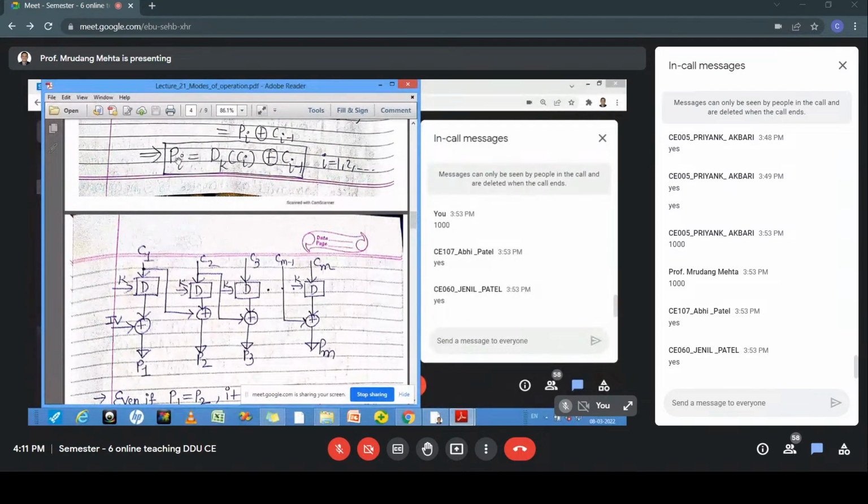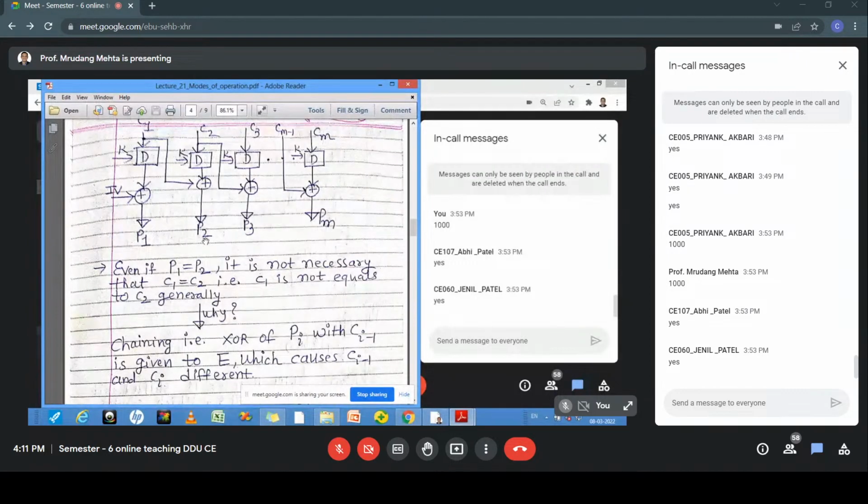Suppose we want to obtain P8: we have to decrypt C8 with key K and XOR it with C7. So we have to take the previous cipher block. So this is chaining, and it helps in solving the previous mode's problem.